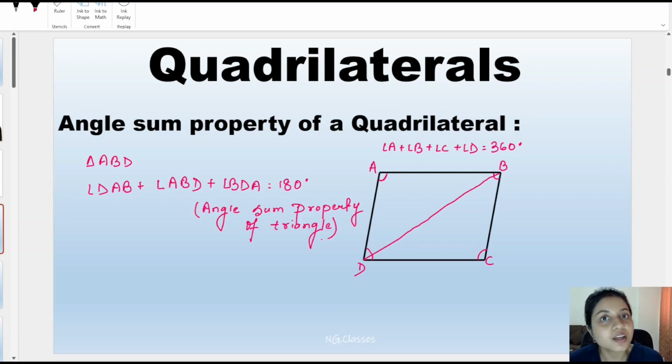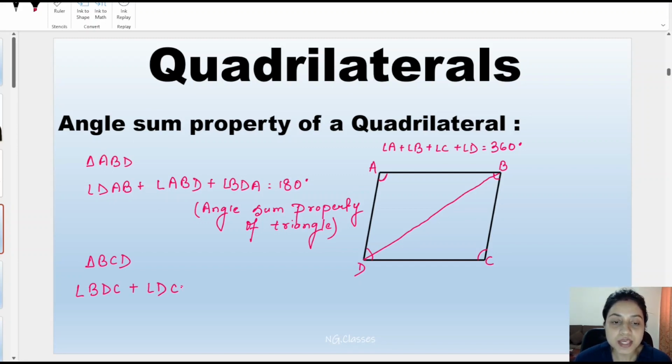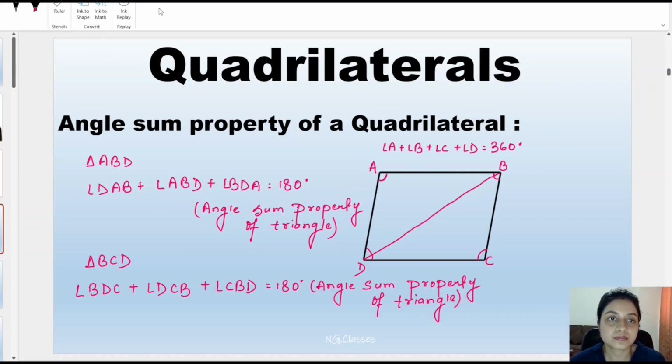Similarly, if we focus on the other triangle, triangle BCD, we can say that the sum of angle BDC plus angle DCB plus angle CBD is equal to 180 degrees. Again, the angle sum property of a triangle. Let's say the previous equation was equation 1 and now we have equation 2. Now when we add equation 1 with equation 2, we get the sum of all the interior angles of our quadrilateral.